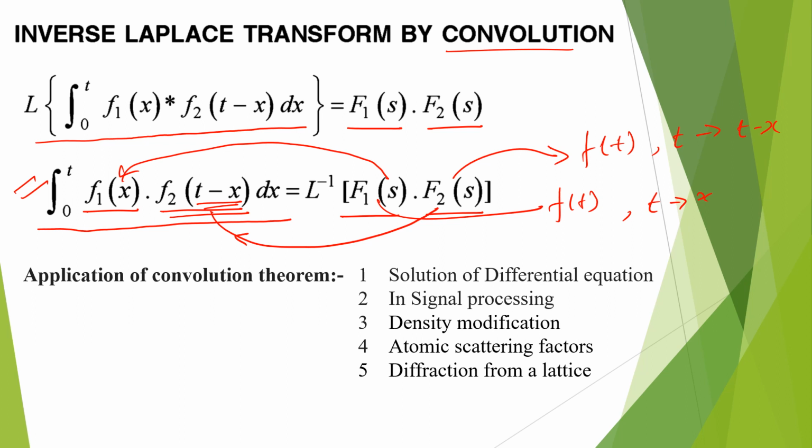Applications of the convolution theorem are: it is used to find the solution of differential equations, it is used in signal processing, density modification, atomic scattering factors, diffraction from a lattice, and many more. Now we consider one example which we are going to solve by the convolution theorem: Laplace inverse of 1 over s squared plus a squared.